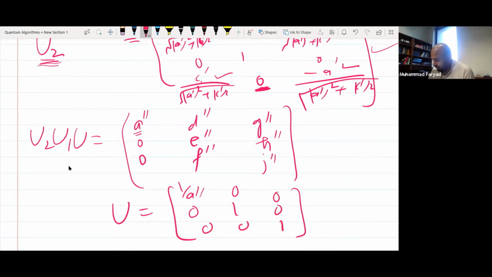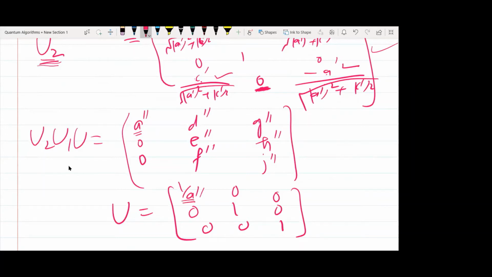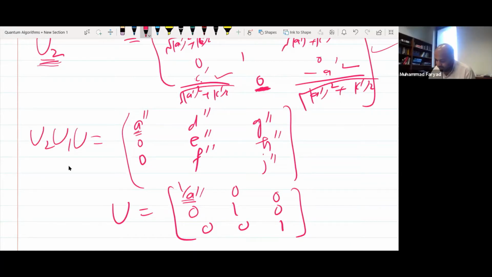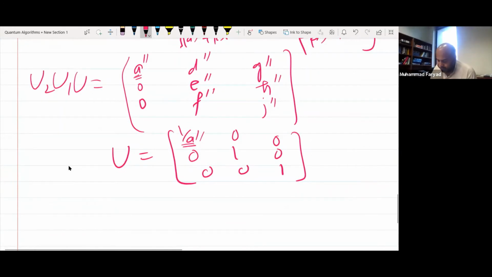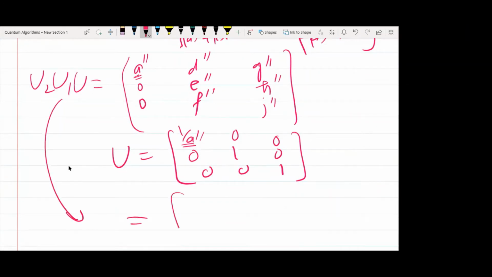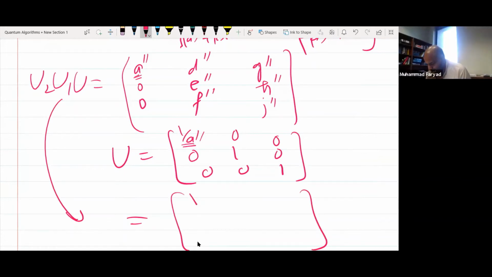So when we multiply this matrix with this one, all we will do is make this 1, and we will get a matrix like this one. Is it unitary? Let's check.